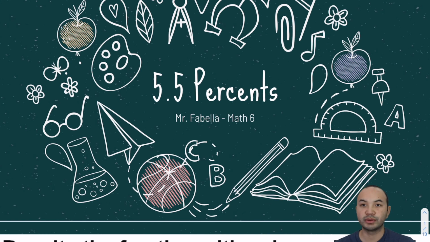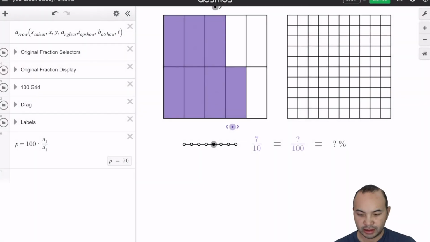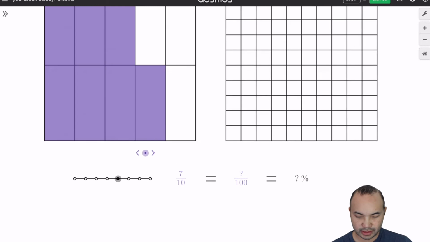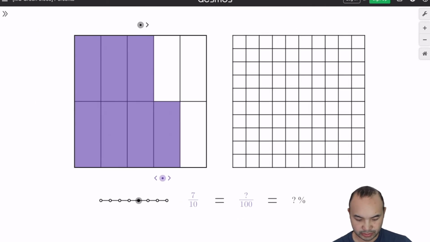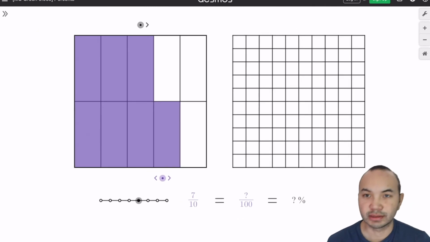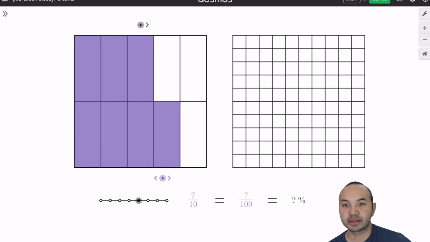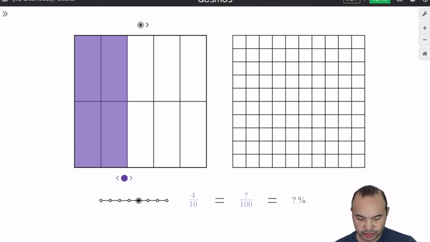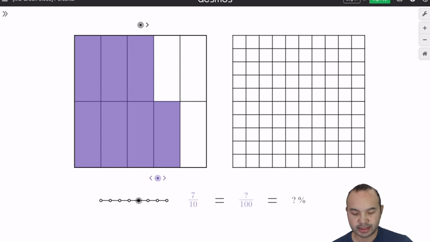I wanted to show a cool Desmos representation of this, and this should be linked for you guys, and you don't have to worry about that part. And I'll just show this here. So right now we have 2 squares, right? And on the left side, you can change this, and why don't I do 7 out of 10, right?